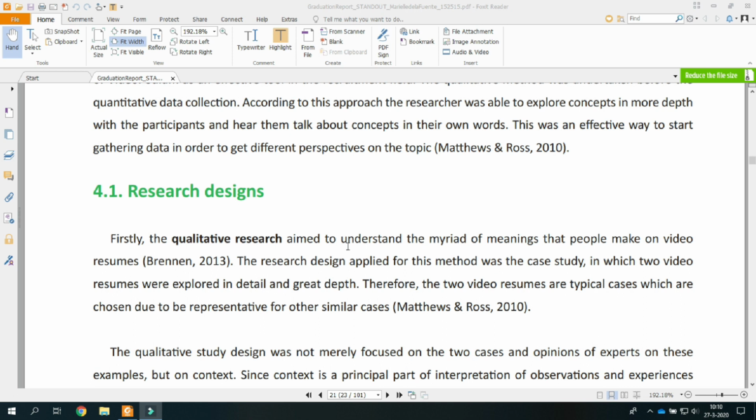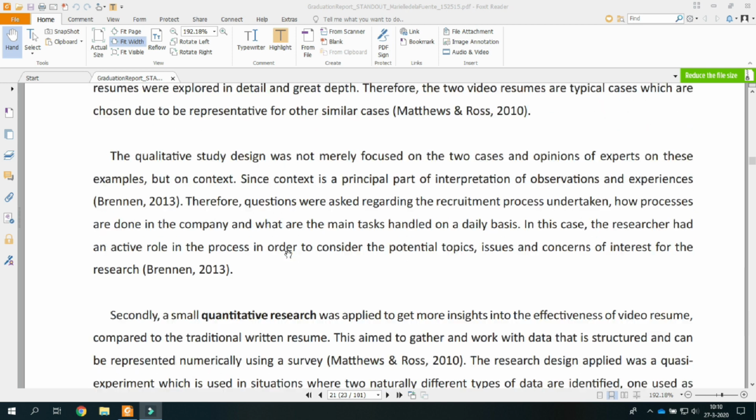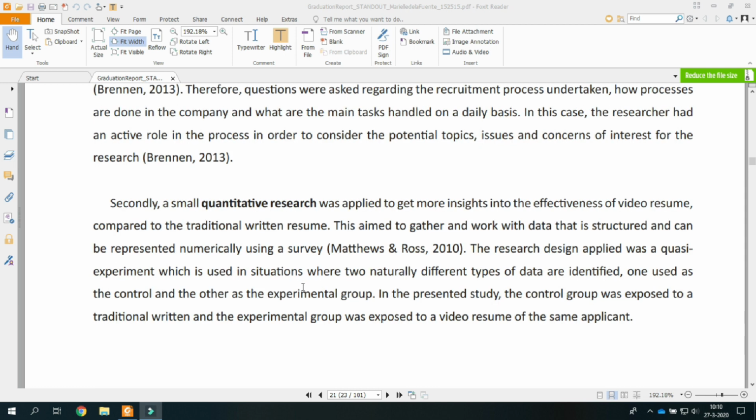So she's talking to people. A qualitative study design was not merely focused on cases and opinions of experts, but on the context. Secondly, she's doing small quantitative research to get more insight into the effectiveness of video resumes in comparison to traditional written resumes.